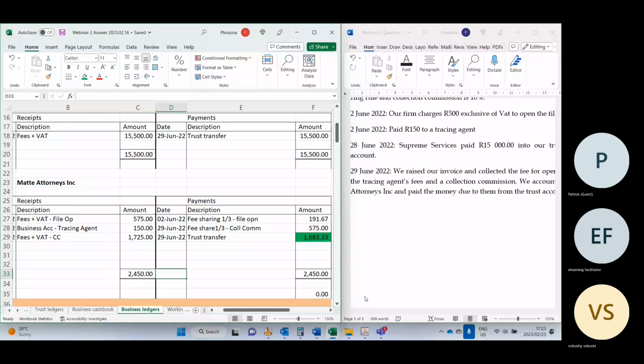But if you do not have time, I will make sure that the recording is sent to you, and as soon as we finish, I'm going to post the full answer. So I'll go back and share our screen. Okay, this is our screen.